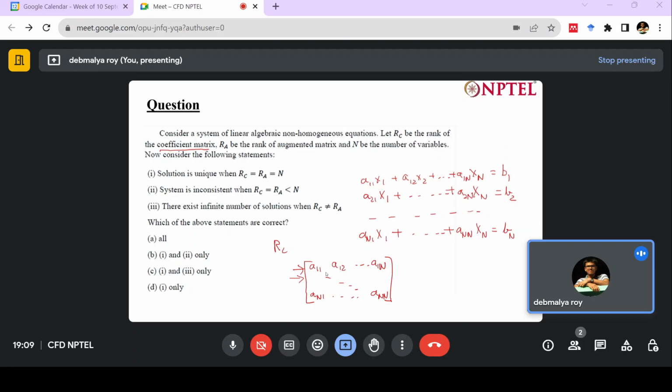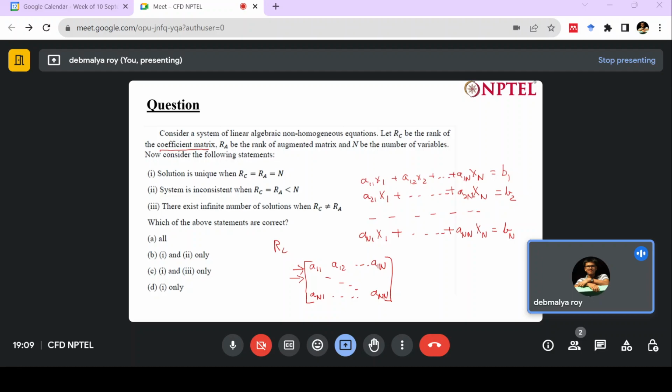So what we want to see is how many independent row vectors there are, that is, no row in the set of independent row vectors can be produced by a linear combination of other rows. That would mean all the rows are independent row vectors. So if RC is the number of independent row vectors in this matrix, then RC is the rank of the matrix.